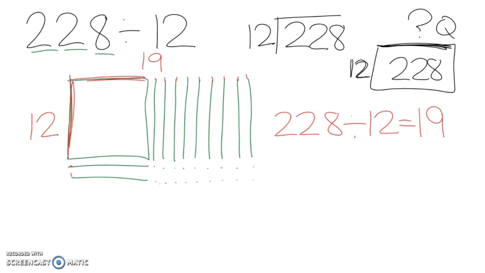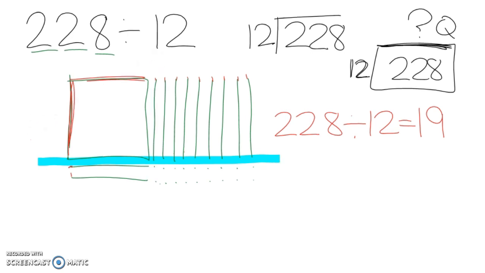You might remember that I did this in class. If we were to split our rectangle here, you would see that this looks just like the models that we did in 4th grade. 228 divided by 12 equals 19 is the same thing as 12 times 19 equals 228.